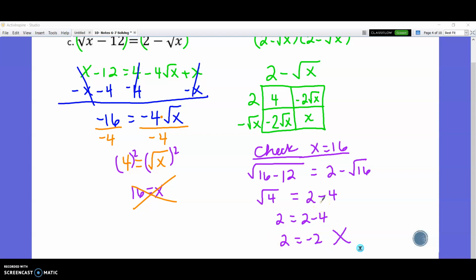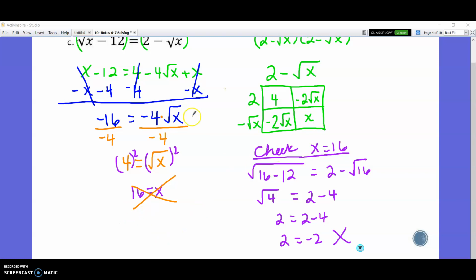So on the left side, when we plug in that 16, we get square root of 4. Square root of 4 is 2, but here 2 minus the square root of 16 is 2 minus 4, which is negative 2. So x equals 16 was not a correct answer.